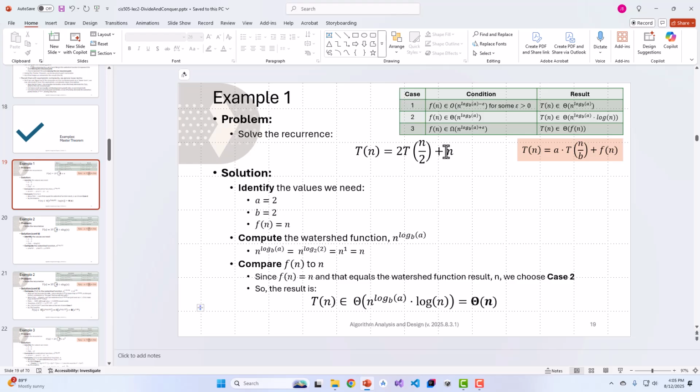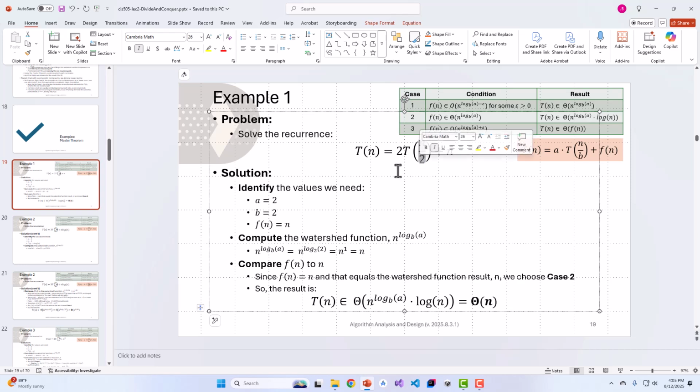The f of n is the straggler over here that has nothing to do with the recursion, so plus n. That's n itself. And we have 2 and 2, the number of subproblems in each recursive call and the size of each subproblem, the divisor. So a is 2, b is 2, f of n is n.